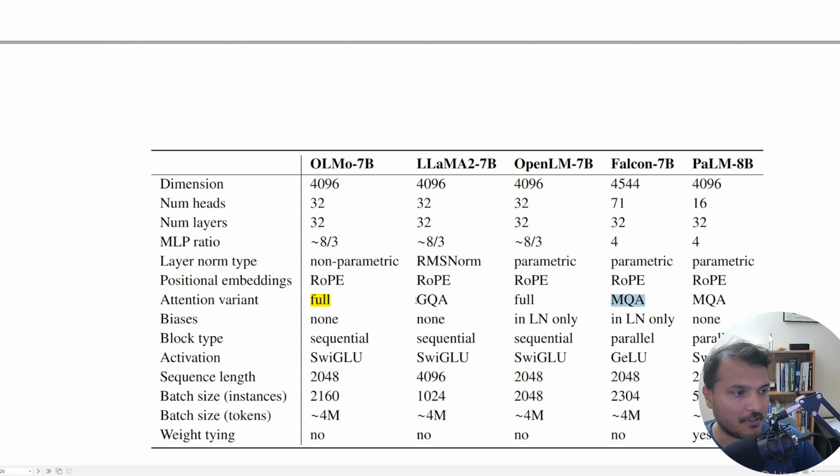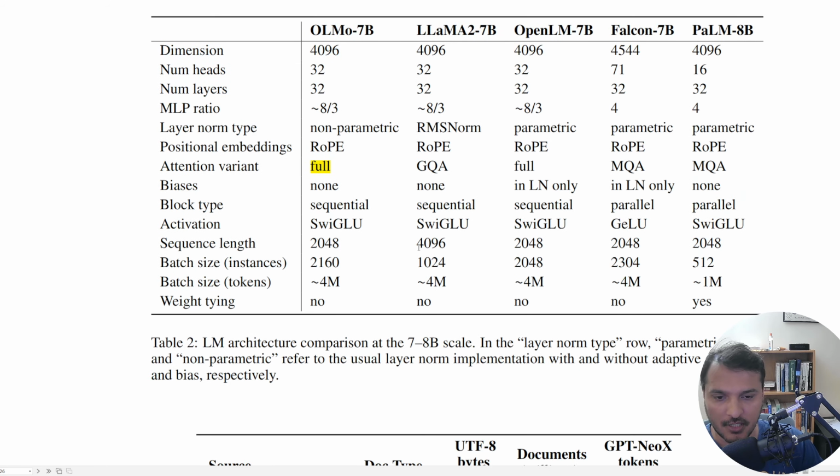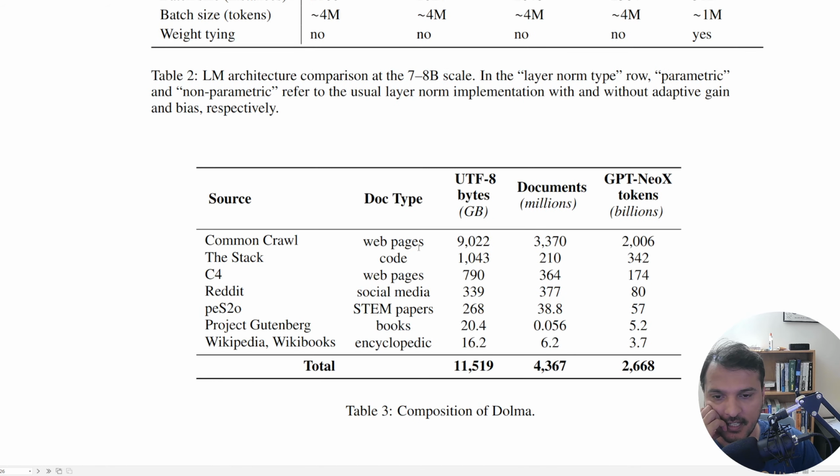In one of my recent videos about Gemma, the Gemma team also did an ablation between grouped query attention and full attention, and also multi-query attention, and found the difference was negligible. It's just that GQA is more efficient. But I thought I'd point that out.